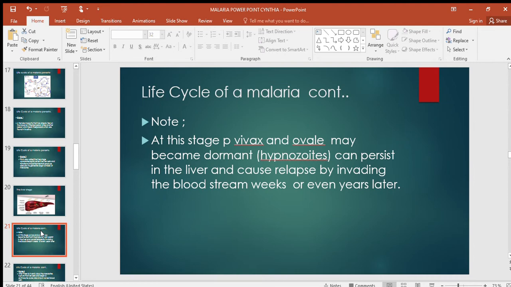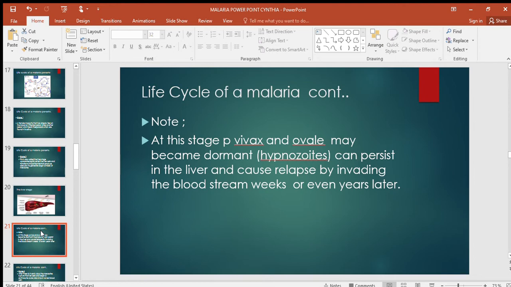It is important to notice that during the liver stage, Plasmodium vivax and ovale may become dormant. When they become dormant, it simply means that the person will not show signs of infection. It may take weeks, months, or even years for a person to show signs of infection.